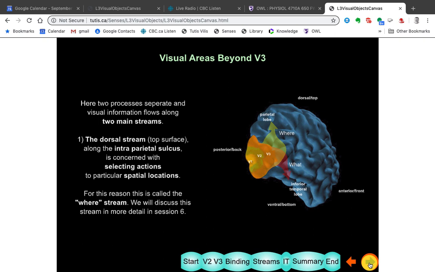Okay. The path that heads up, as I said, is called the where stream. It's also called the dorsal stream. And it goes along another important sulcus called the intraparietal sulcus. That's involved in selecting actions to particular targets.